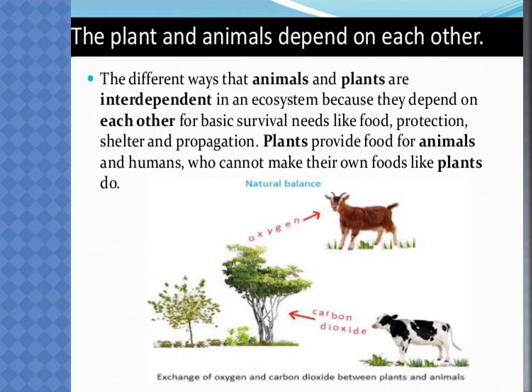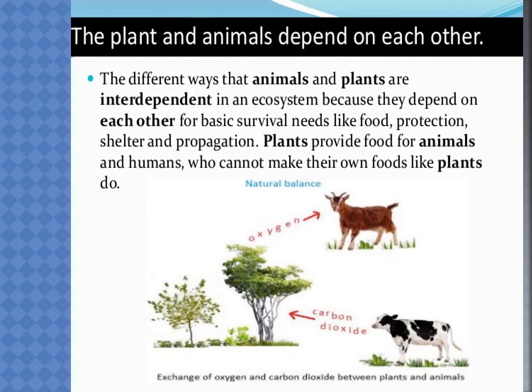After the plant dies, it goes inside the soil. Then another plant takes the nutrients that have minerals, so the cycle continues.